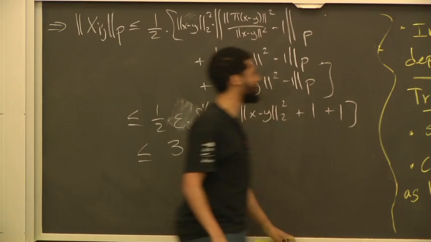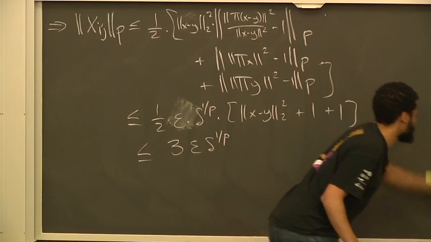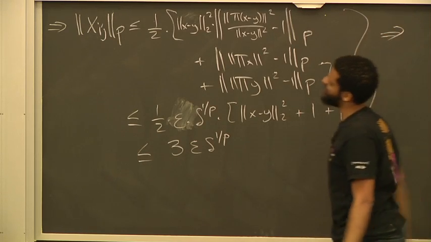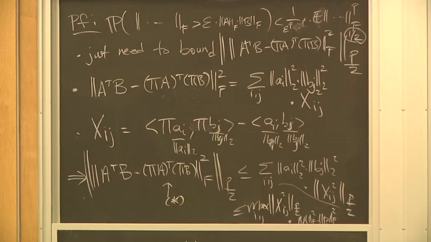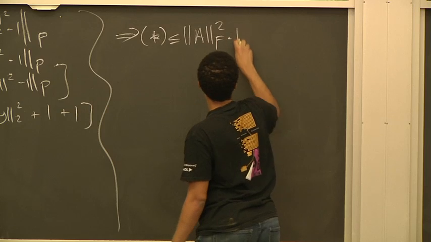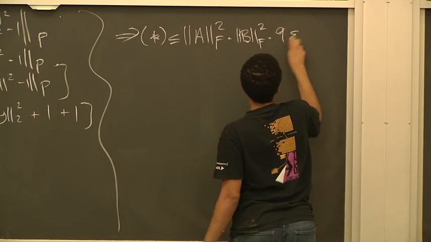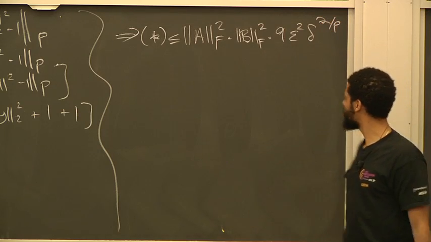So this implies that, we call this star, star is at most the Frobenius norm of A squared times the Frobenius norm of B squared times 9 epsilon squared delta to the 2 over p. I just squared that.